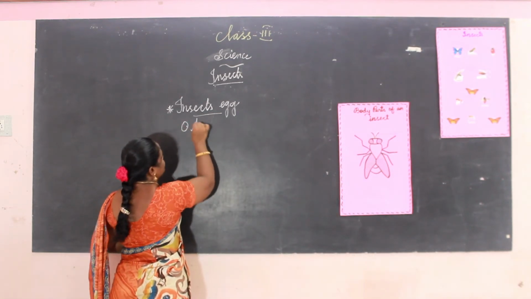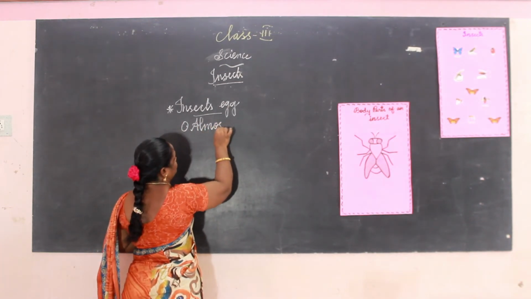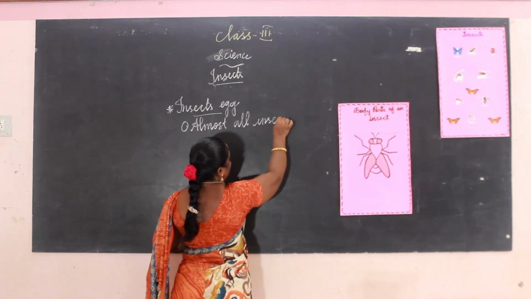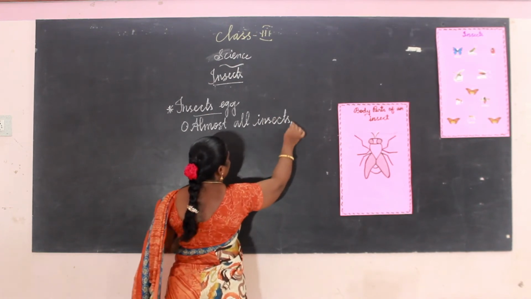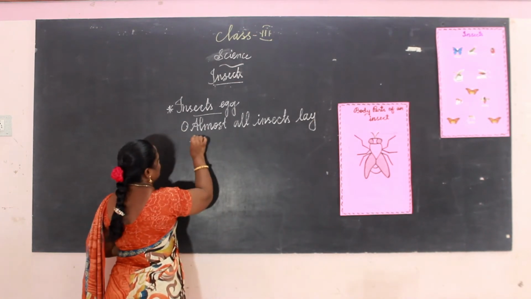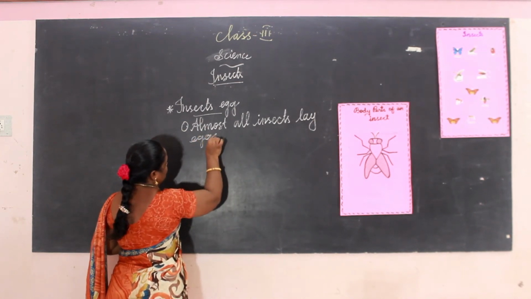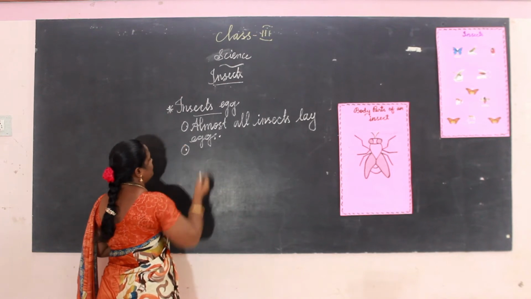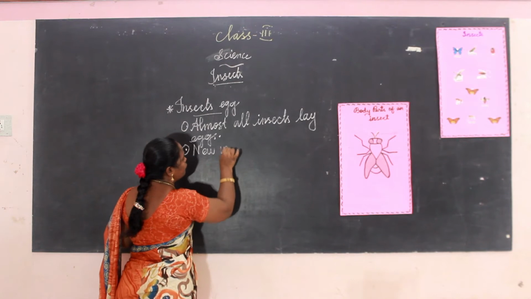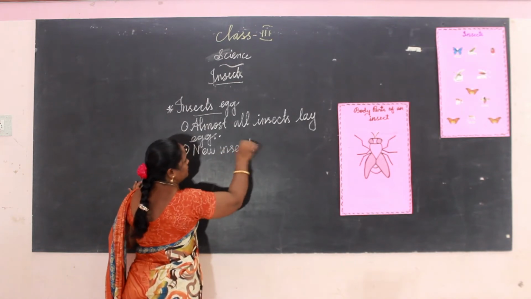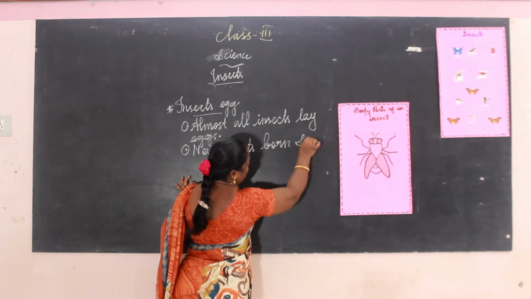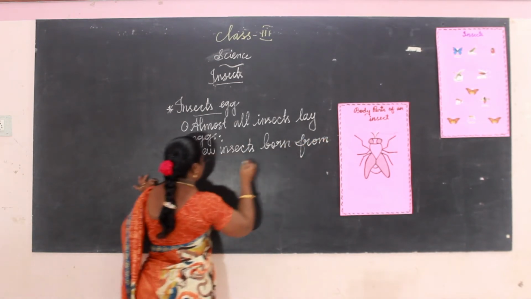Almost all insects lay eggs, and new insects are born from these eggs.